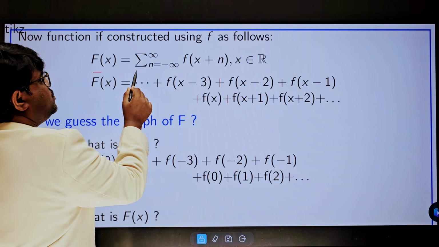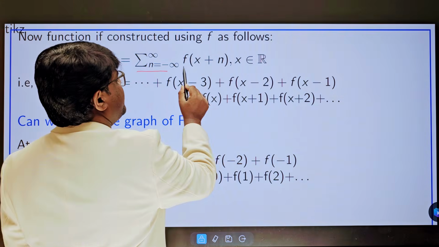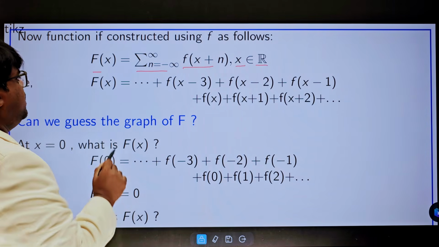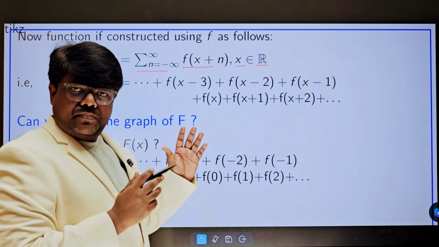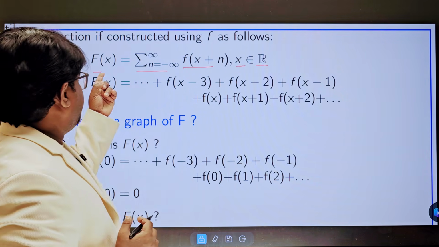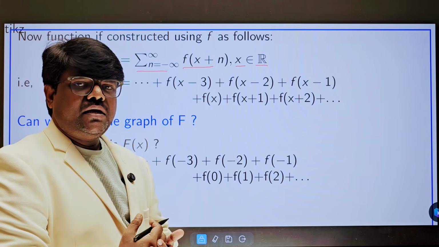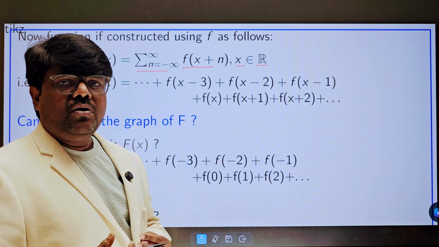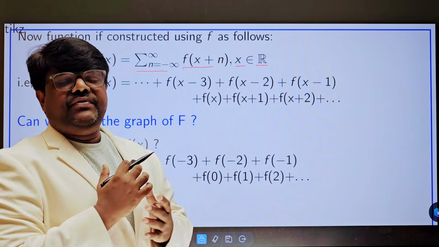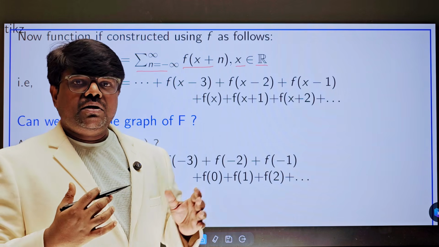Capital F of x equals the summation from n equals minus infinity to plus infinity of f of x plus n, x belongs to the real numbers. Please listen carefully. It is very difficult to write down all the terms from minus infinity to plus infinity, because how can you write infinitely many terms?